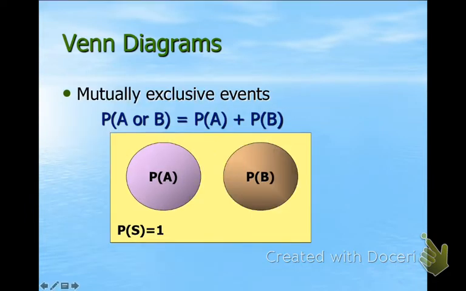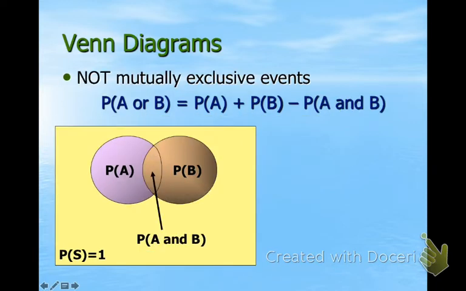Whenever we talk about mutually exclusive, we're going to take the probability of event A and add it to the probability of event B. Whenever we talk about not mutually exclusive, there's going to be a little bit added to it.